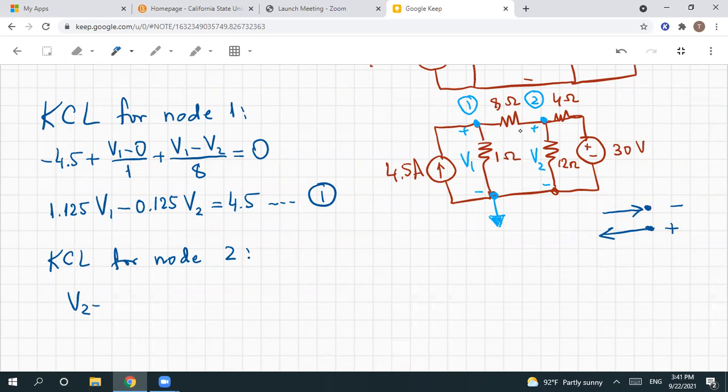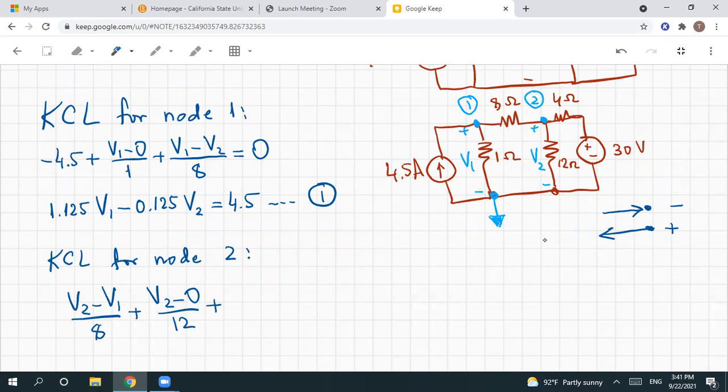Yes, V2 minus V1 over 8 plus what will be the current that is leaving the node downward? That would be V2 minus 0 over 12. Thank you.